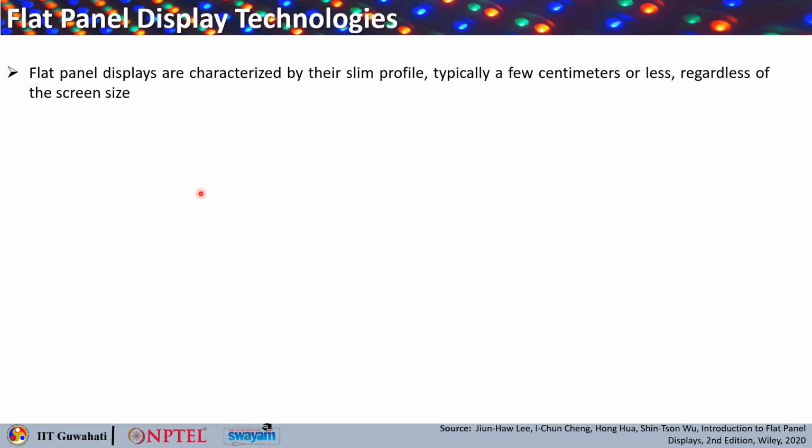So flat panel displays, as we understood, are characterized by their slim profile. Typically they are a few centimeters or less, regardless of the screen size. So no matter how big your display is, the thickness of the display is typically fixed, a few centimeters.